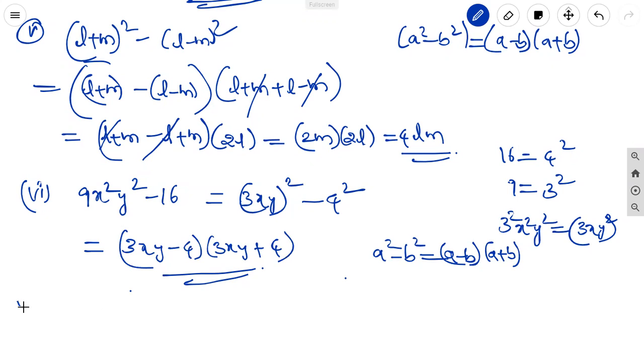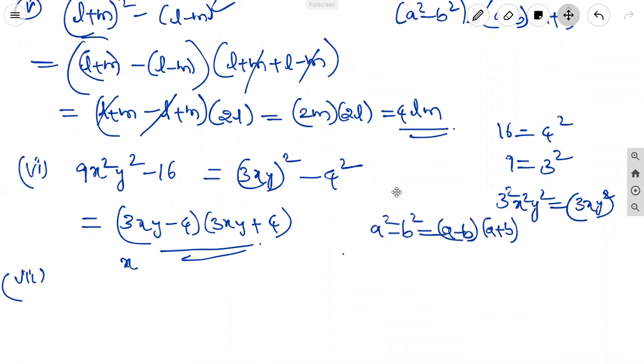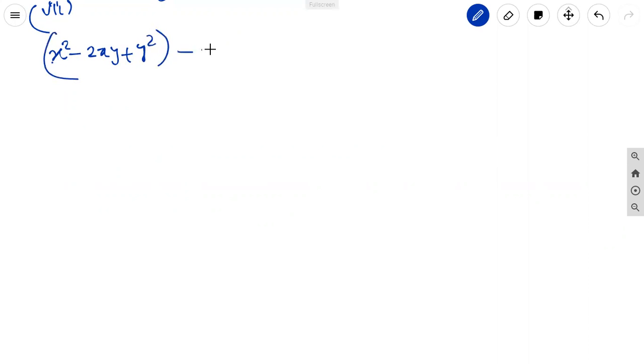Seventh problem. x square minus 2xy plus y square minus z square. It is equal to, which is in the form of the identity, that is (x minus y) whole square minus z square.